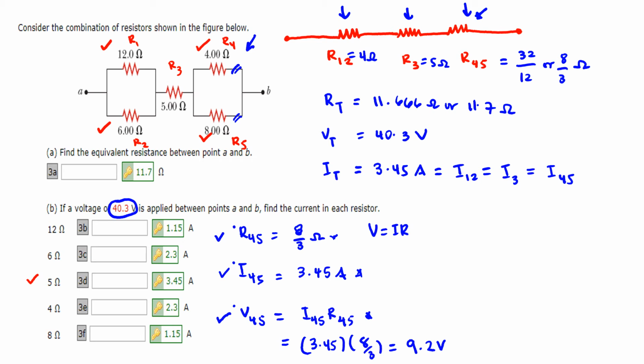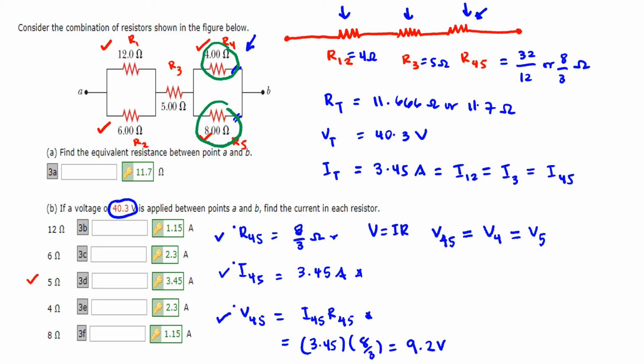Since resistors 4 and 5 are in parallel, the total voltage across R45 is just equal to the voltage across the fourth resistor, and that is equal to the voltage across the fifth resistor. Again, this is because resistor 4 and resistor 5 are in parallel.